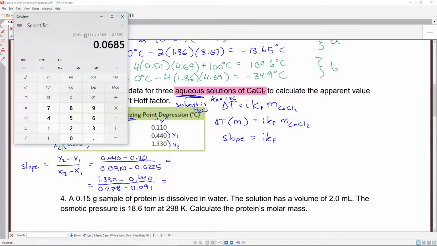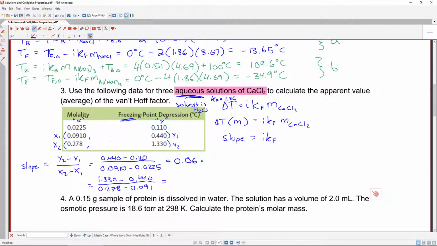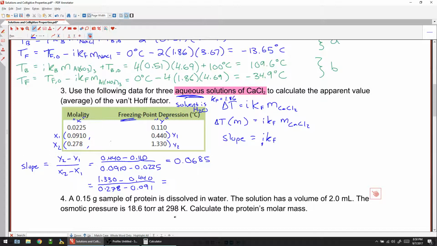And let's make sure I put it in that parentheses correctly. Yes, it did, right? So 0.0685. And it's also important to note it should be approximately an integer, right? Can't have half of an ion floating around.